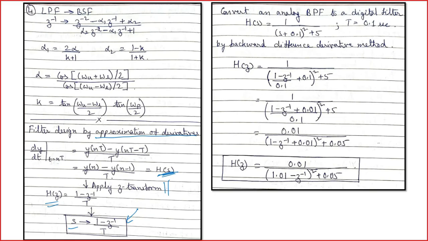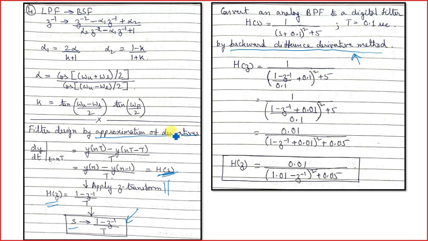Whenever I give you a question, like in the next example where I have given you: convert an analog bandpass filter to a digital filter by the backward difference derivative method. If this is not given, then you have to write that I am applying the backward difference derivative method to transform this filter into the digital domain.